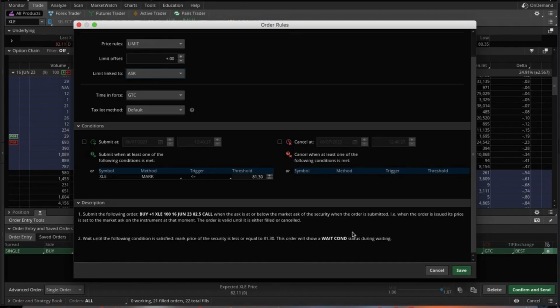When the stock actually gets to 81.30, whatever this price is right here, it should be lower, and it will go ahead and buy me in at the higher of the two prices. If these had a wider spread, you could negotiate and say buy the ask minus 3 cents as an example, and that would be $3 to the downside here.